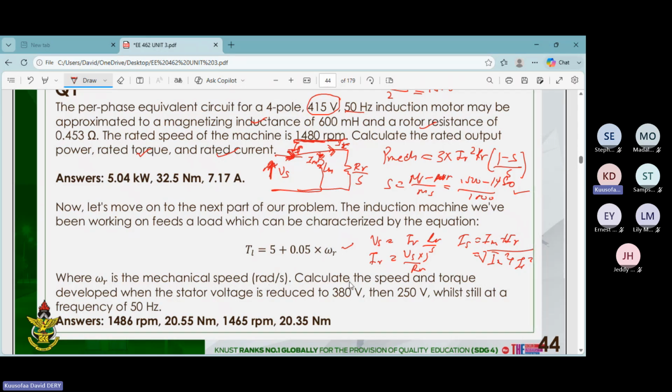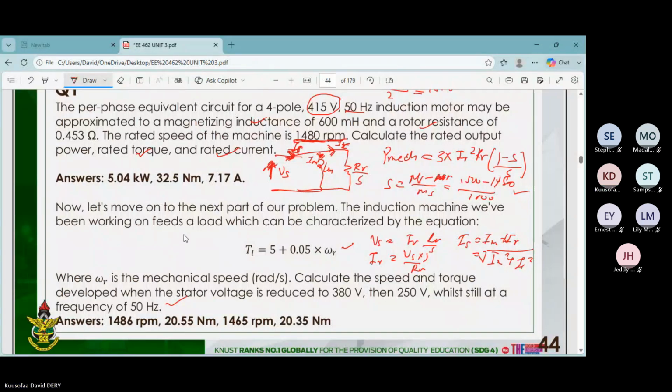We should calculate the speed and torque developed when the stator voltage is reduced to 380 volt, then to 250 volt, while still at the rated frequency of 50 hertz. So that is what we are going to do.